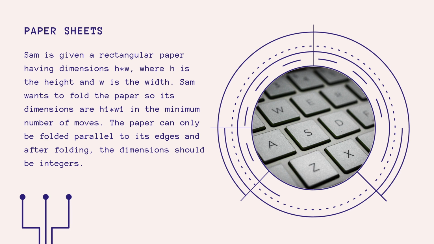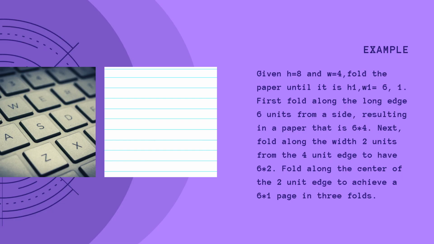Okay, so this is the problem statement. I'll explain it by taking an example. There is a paper which has height 8 and width 4. We want to fold the paper until its dimensions are converted to height 6 and width 1.